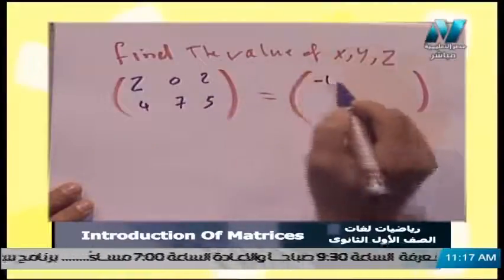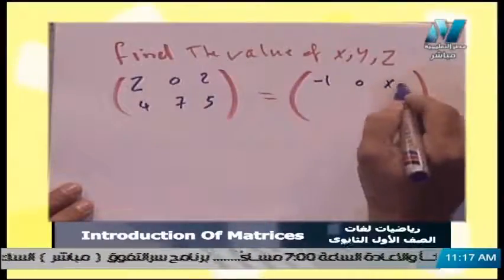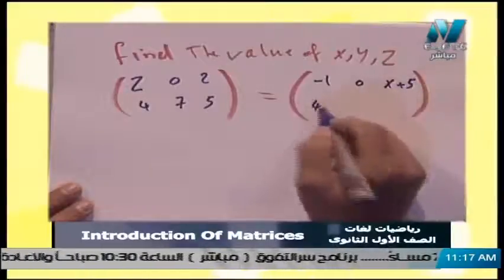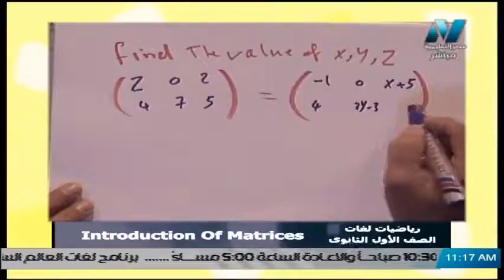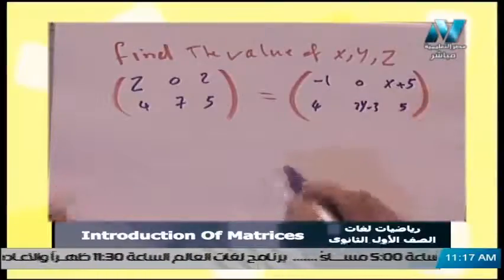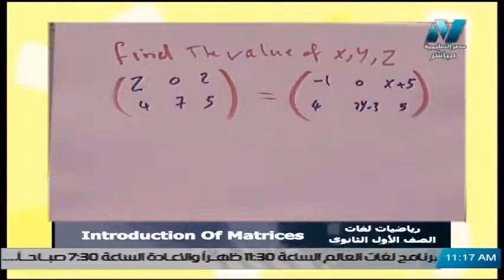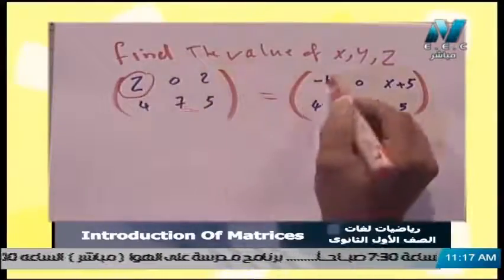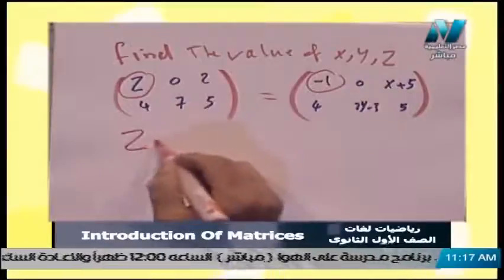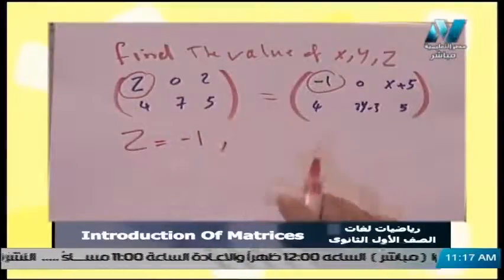This one equals negative 1, 0, x plus 5, 4, 2y minus 3 and 5. Look carefully at this. The first element here, z, equals negative 1. So it's very easy for us to find out that z equals negative 1.